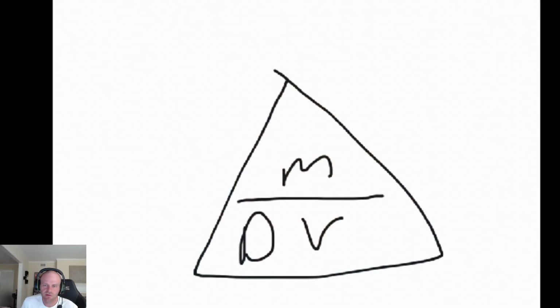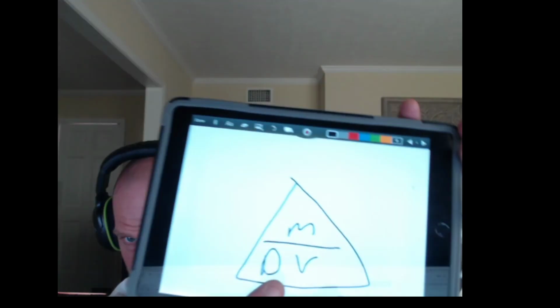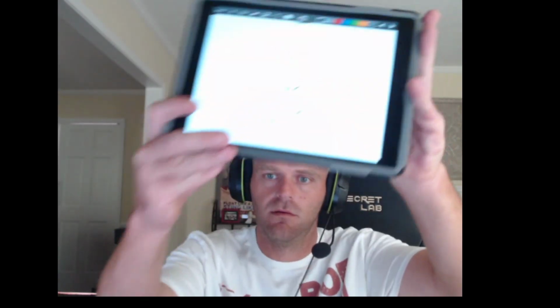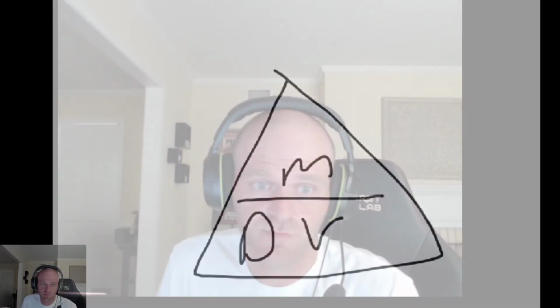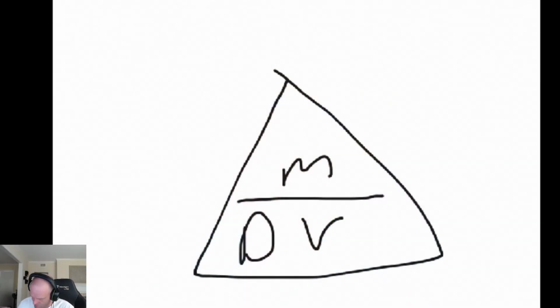Could it work? So this is my density triangle. Just to pull it back up here, I'll put a little line. Make sure this line comes all the way across, and then I'll put one there too. Okay, so the DMV, right? Everybody's most hated place, the DMV. And we call this the density triangle.